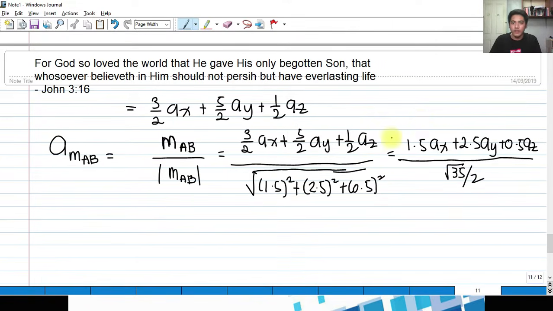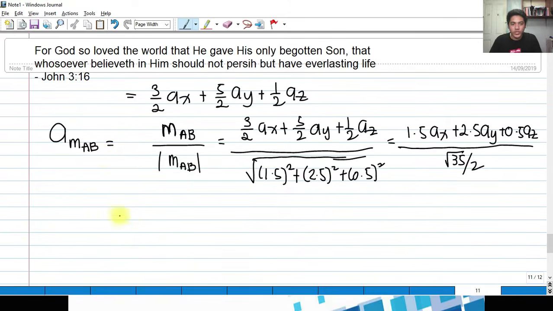And if again we divide each coefficient by this, we shall arrive at the unit vector of the midpoint of vectors A and B. We have 0.76 a sub x, that is 1.5 divided by square root of 35 over 2, that's the result.